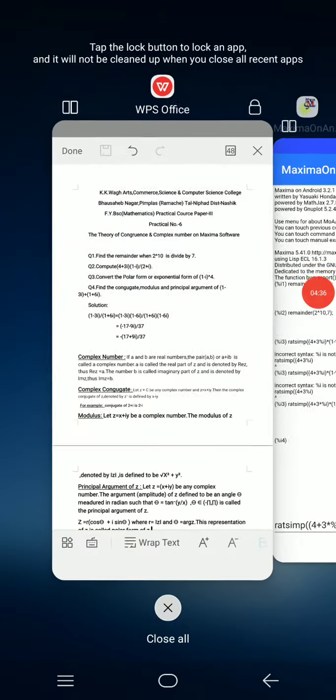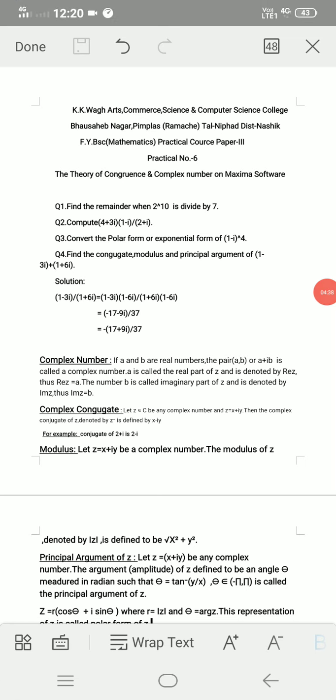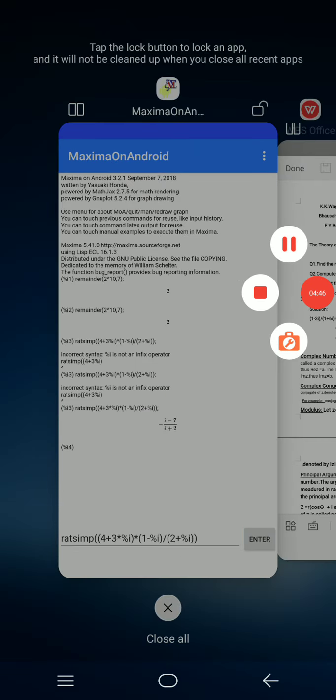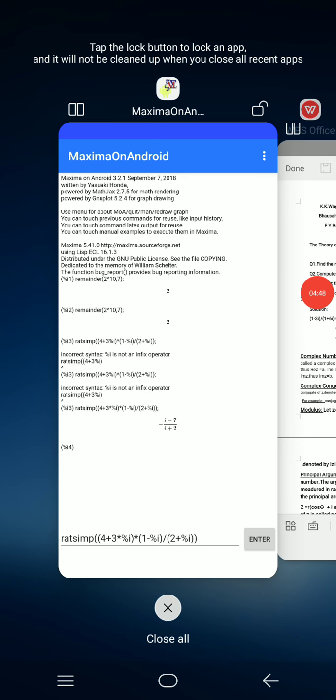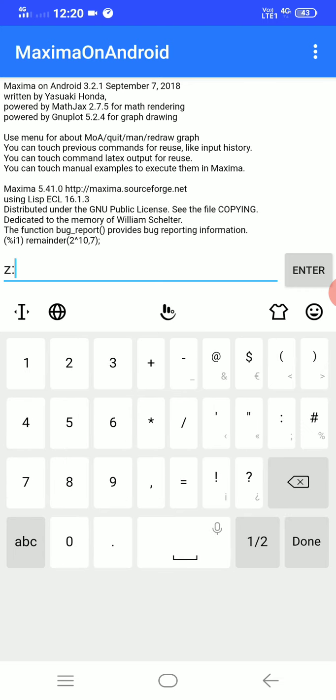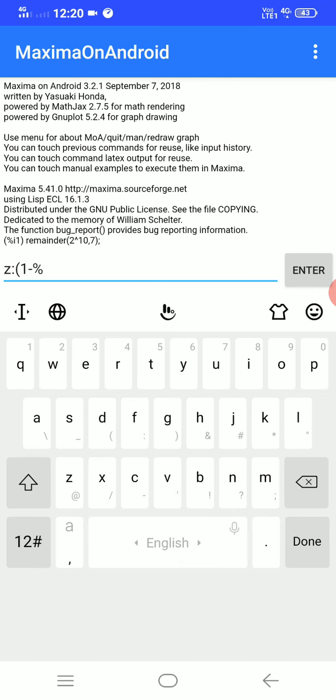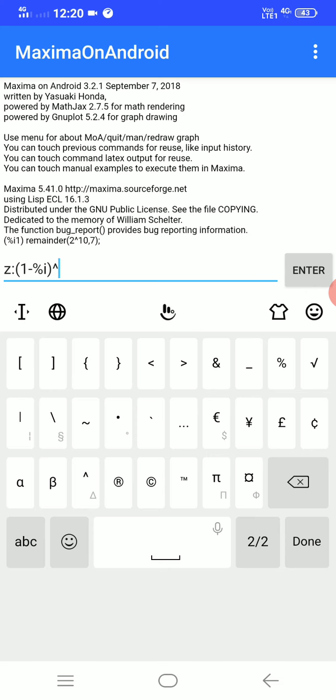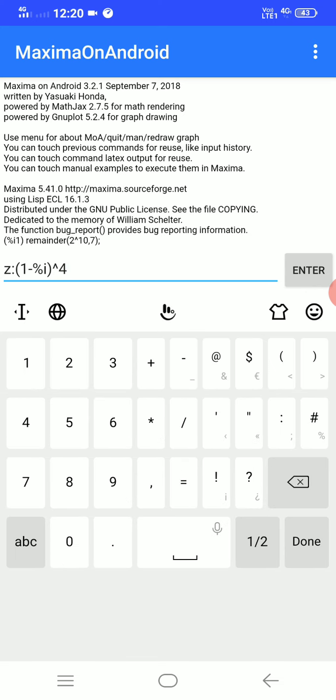Next example, third question: convert to polar form or exponential form of (1 minus i) raised to 4 in Maxima software. First assign z by using colon: z is equal to (1 minus i), where i can be written as percentage i, bracket complete, raised to 4, then enter.